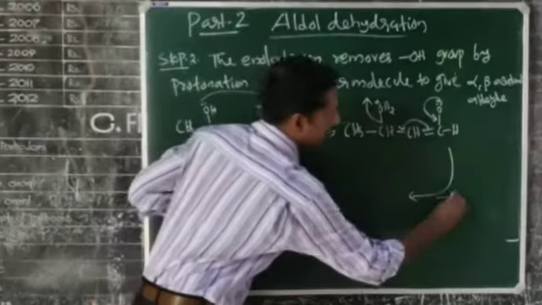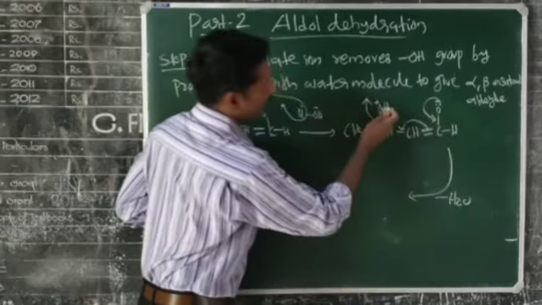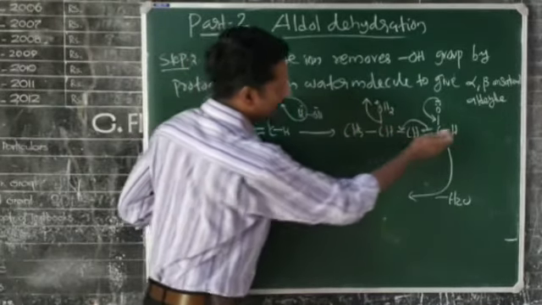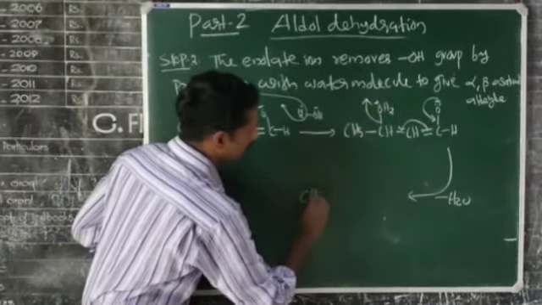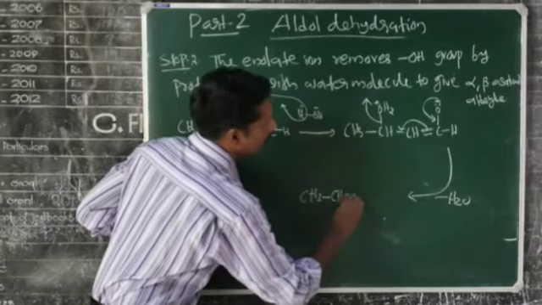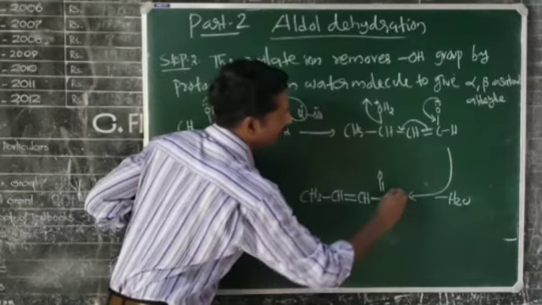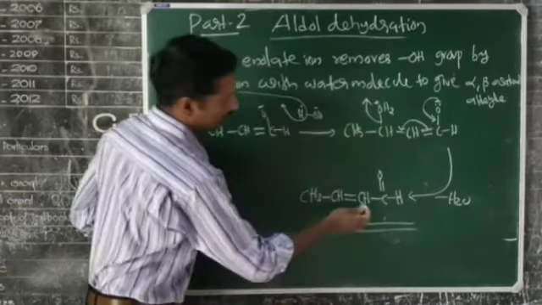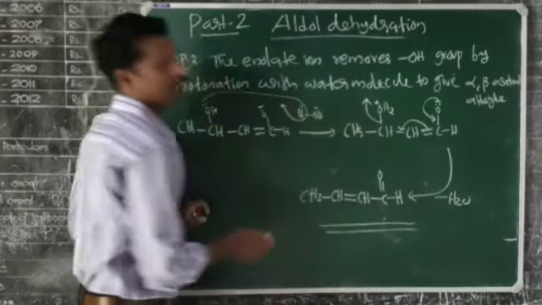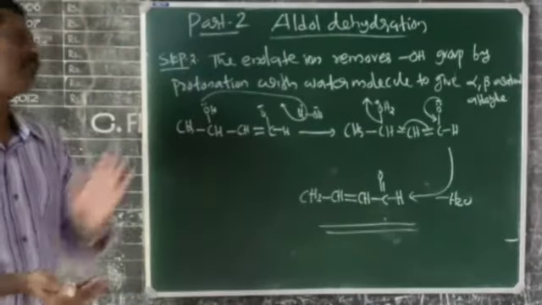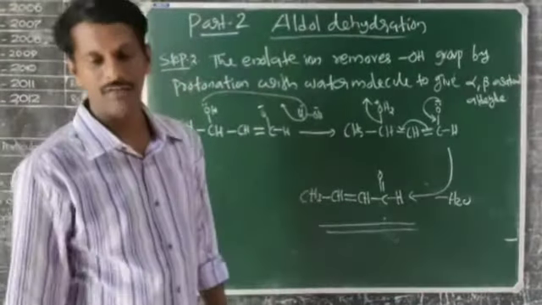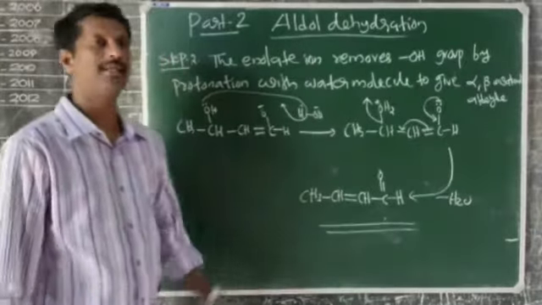So minus H2O is eliminated. What is remaining? We get CH3, CH, double bond CH, single bond C, double bond O, H. What is this one? Alpha, beta, unsaturated aldehyde. If you take a ketone, you get alpha, beta, unsaturated ketone.